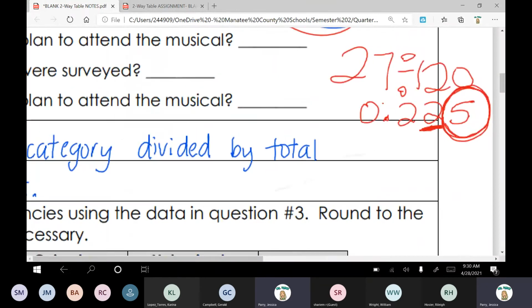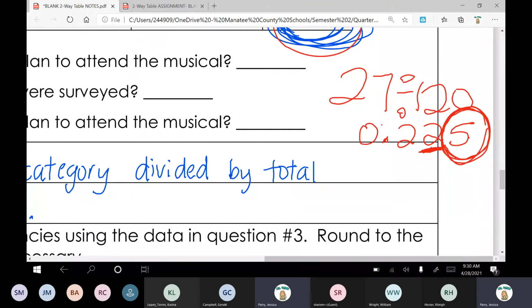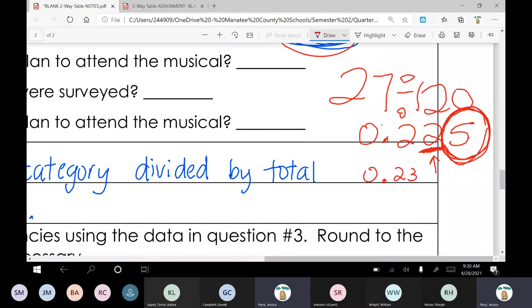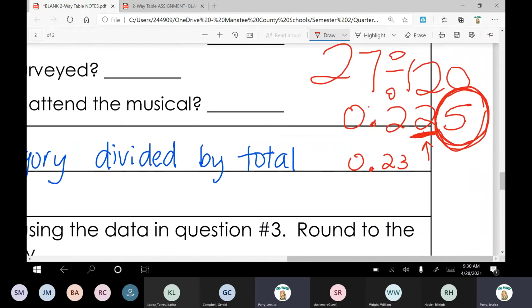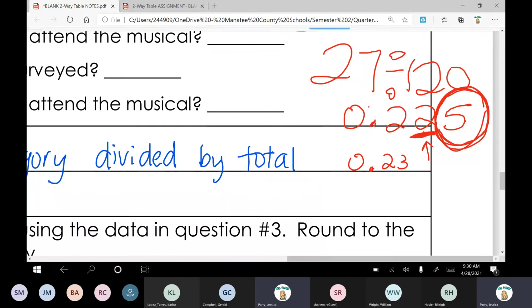If the number here is 5, 6, 7, 8, 9, then I look at this number and I bring it up. So I would go to 0.23. If this number here in the circle were 0, 1, 2, 3, or 4, then I would just keep this number, the 2, the same. Does that answer your question?